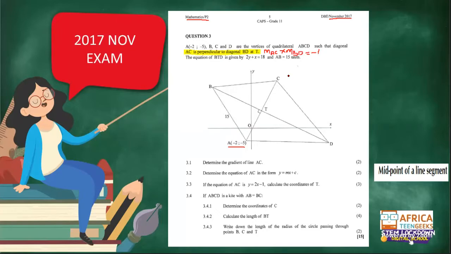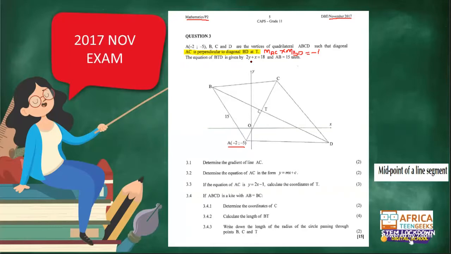So yes, if we multiply the gradients of AC and BD, we will get -1, because it is given that they are perpendicular. If you continue reading our statement, it says the equation of BTD is 2y plus x equals 15.